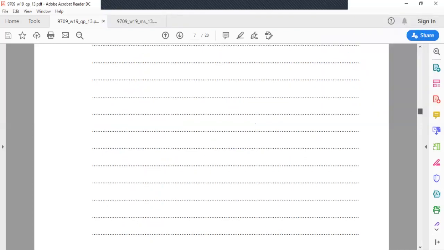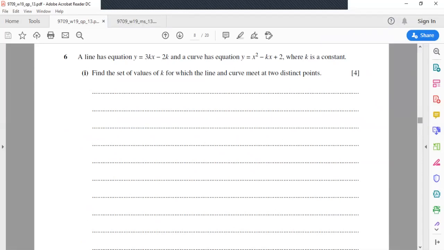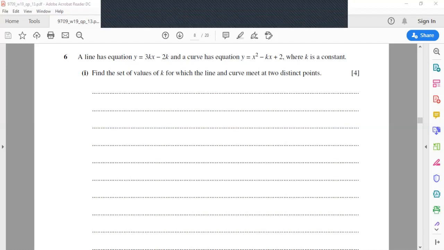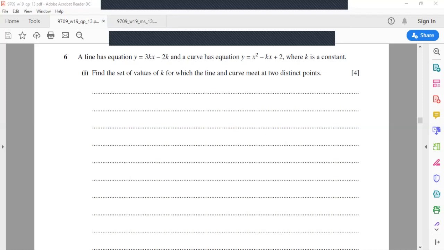The next one is your question number 6. The line this and the curve this. Find the set of values of k for which the line and the curve meet at two distinct points. So we know for distinct points, b square minus 4ac is greater than 0. So let's eliminate y from there.